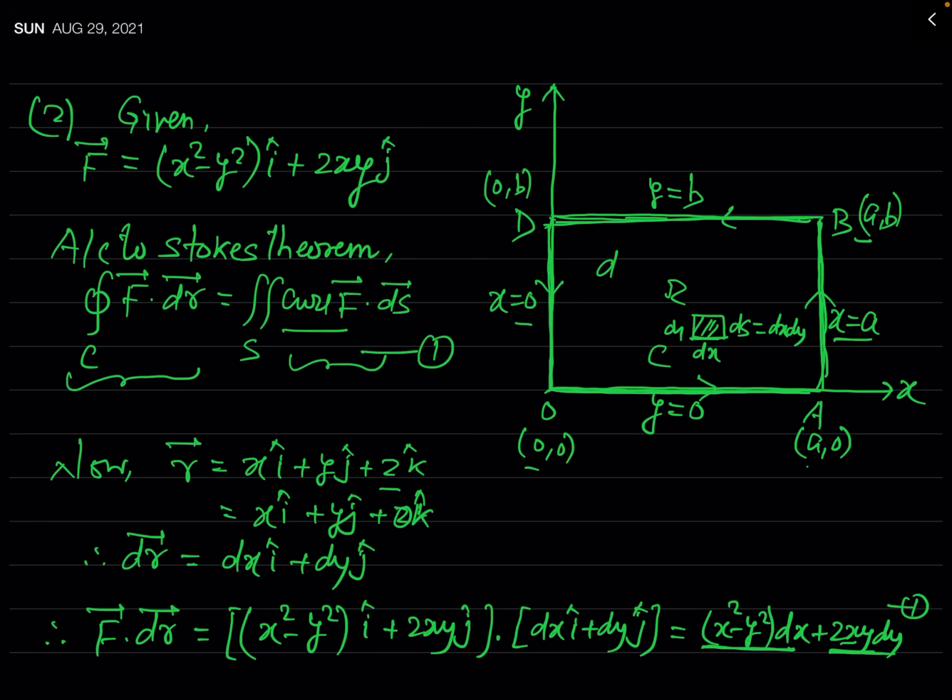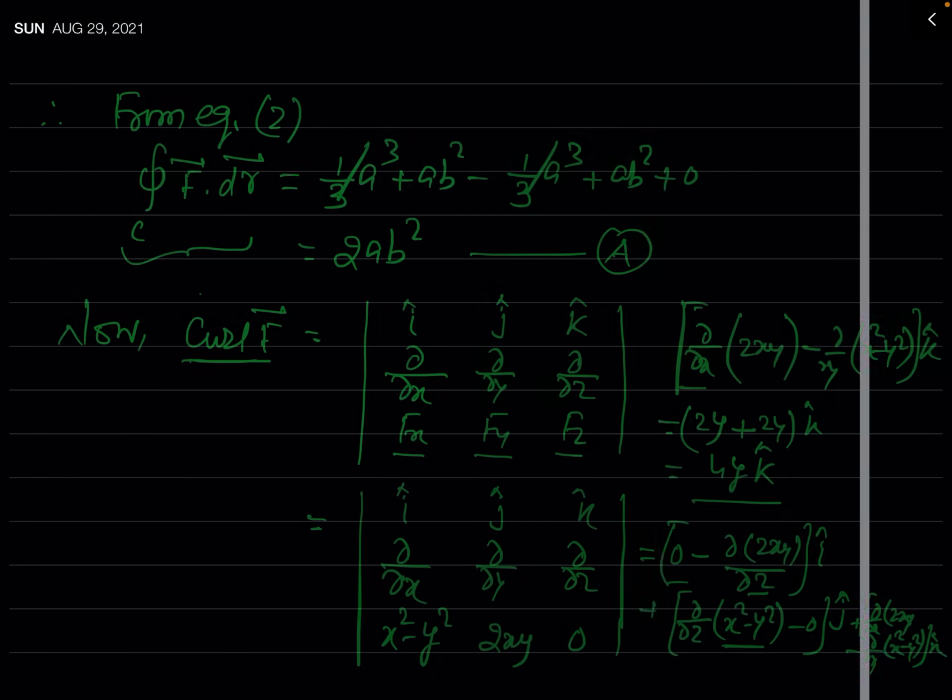So you can say that the ds vector is equal to dx into dy k. So getting this idea, you can now easily find the surface integral over S of curl of f dot ds.